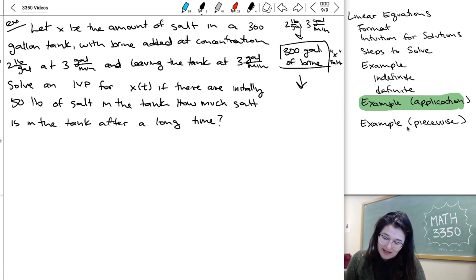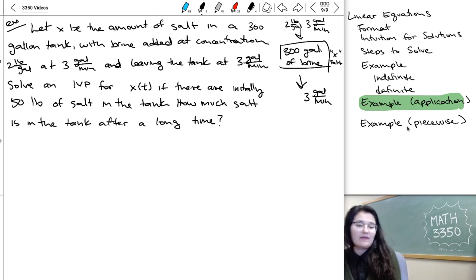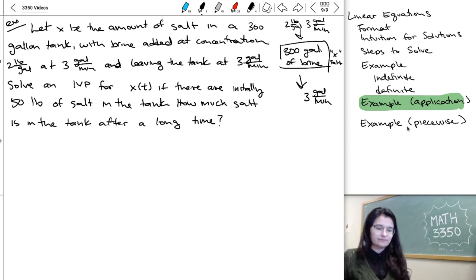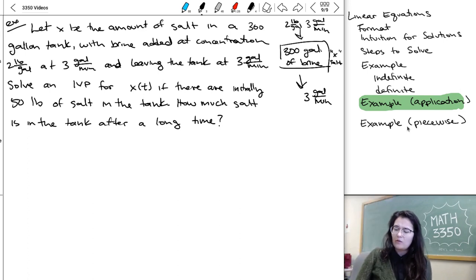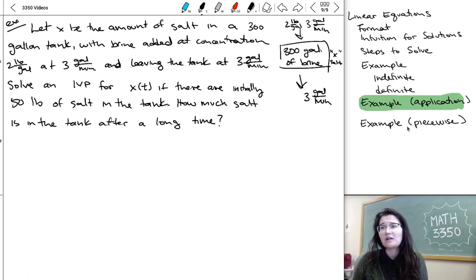And then leaving the tank at 3 gallons per minute is whatever brine we have inside. So 3 gallons per minute, something leaves. We need to describe what exactly is leaving, but we'll do that when we start writing the equations down.